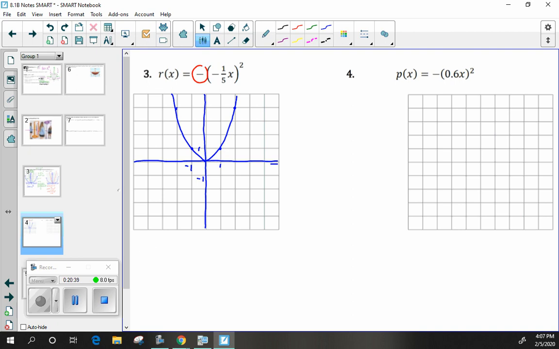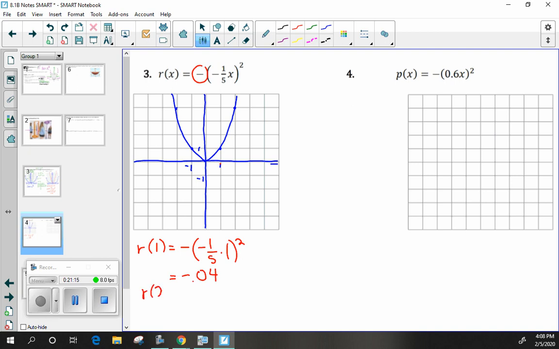So r of 1 equals negative 1/5 times 1 squared, which will give us a negative 0.04. Well, we're doing a 1-to-1 scale, so 1 and 0.04, that's pretty close to that line.